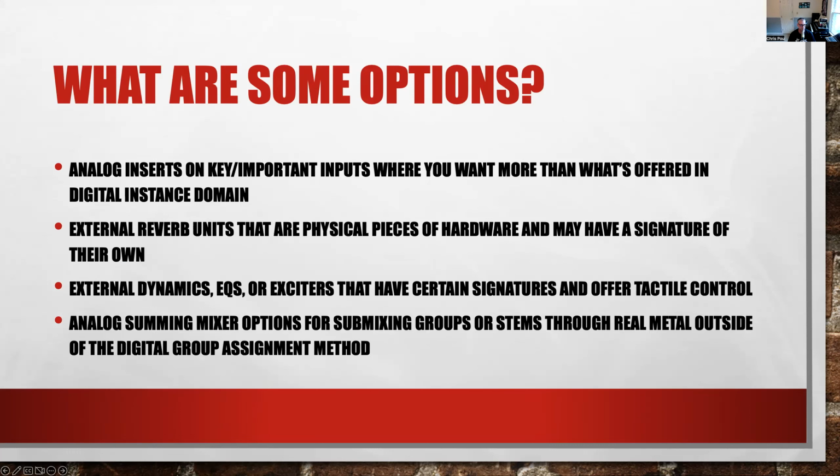But by doing these things in stems, obviously we get that count a little bit lower, meaning the actual points of interface in terms of the analog IO, that number comes down quite a bit.